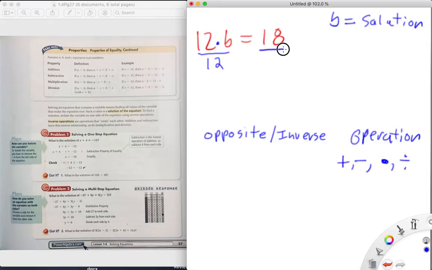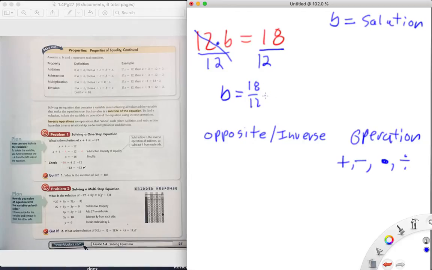What I do on one side, I do to the other. 12 divided by 12, they cancel out, and that gives me b by itself. That's what I want. I want b by itself. I have 18 twelfths. I can simplify that. Divide it by 2, and I get 9/6, which gives me 3/4.